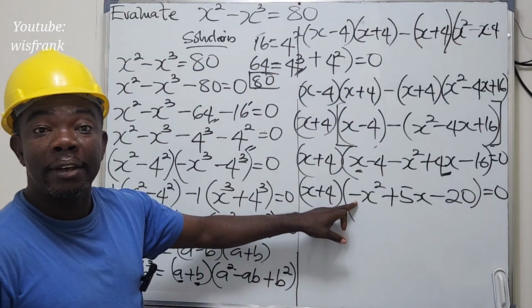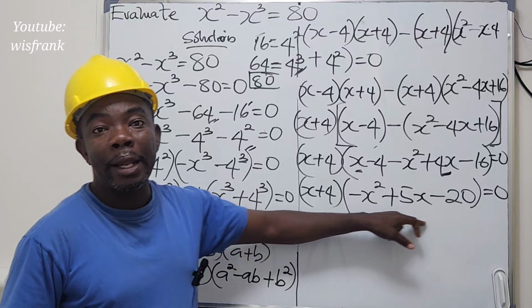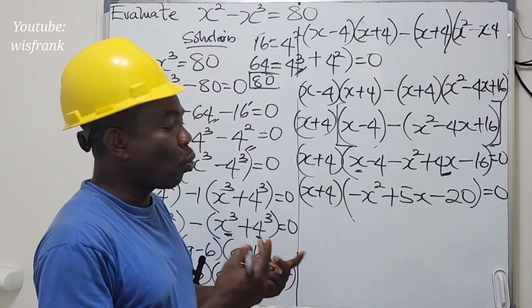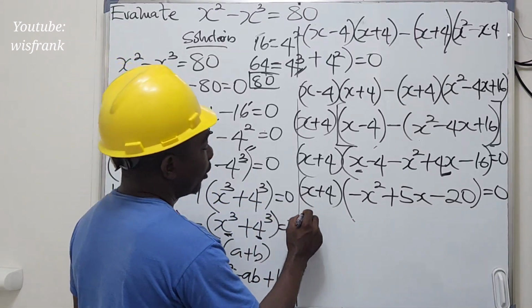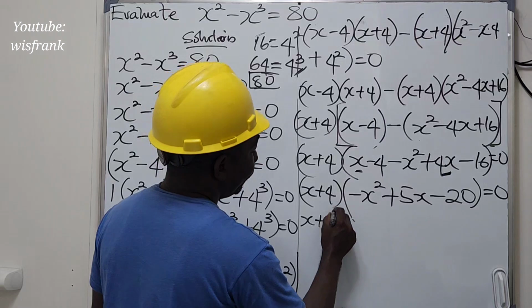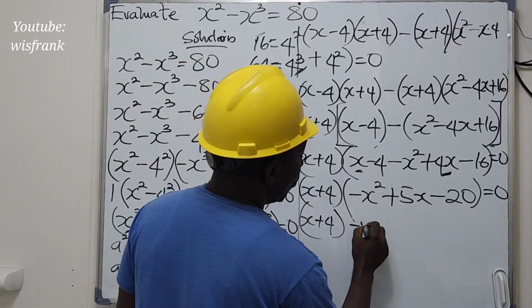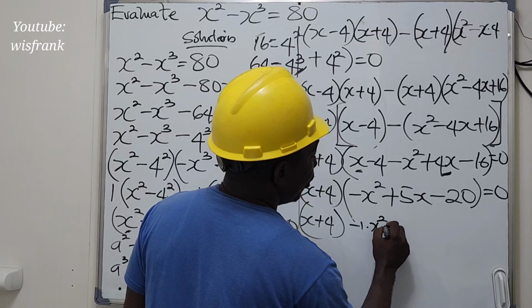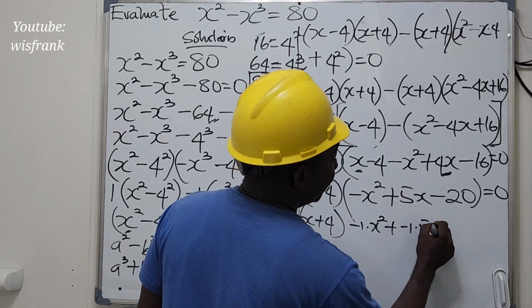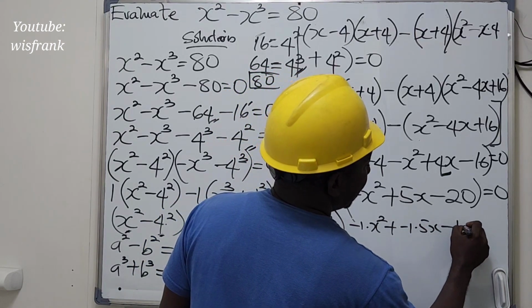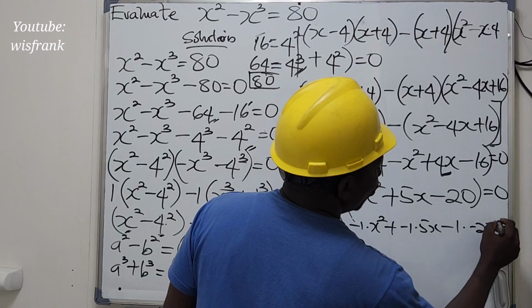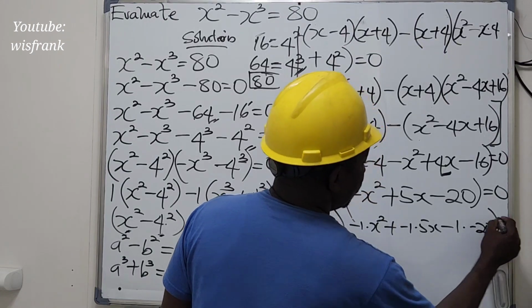We have a negative sign in front. We can multiply all through by minus 1. So doing this will give us x plus 4 into minus 1 times x to the power of 2 plus minus 1 times 5x minus 1 times minus 20 equals to 0.